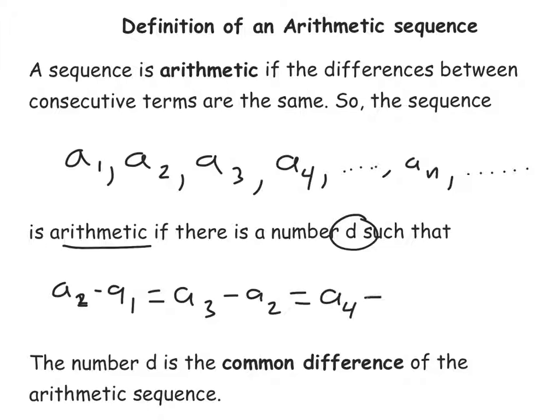That would be the same if we took the fourth minus the third, and so on and so forth. Okay? That number is called d, short for difference, which is short for common difference. If a sequence is arithmetic, it always has this value for d that can be identified.